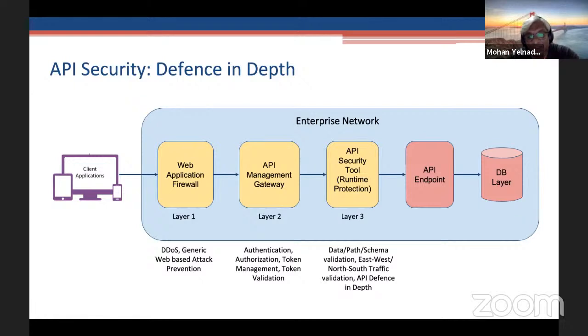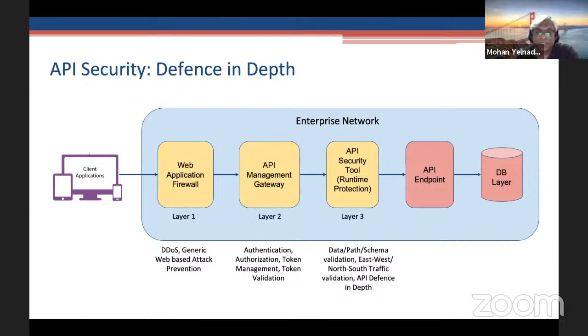Apart from that, in the next few slides, we'll see there are some specific attacks that happen only in the API domain, right? So API security tools are configured for this niche requirement, or niche validation. So API defense in depth is covered in this API security tool, or layer 3. So this way, basically, a defense in depth is achieved for security testing.